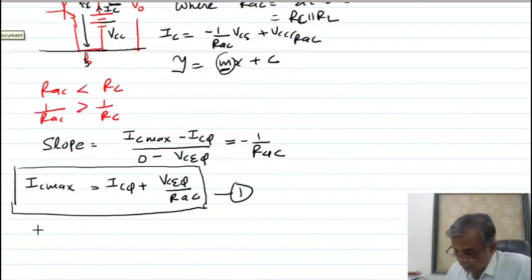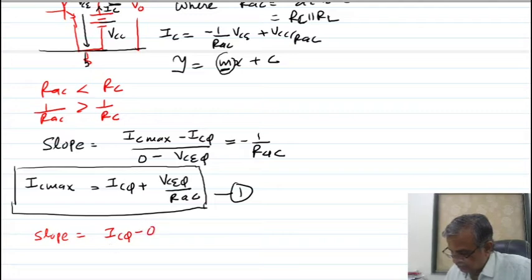So to find VC max, I am writing slope is equal to ICQ minus 0 upon VCQ minus VC maximum.